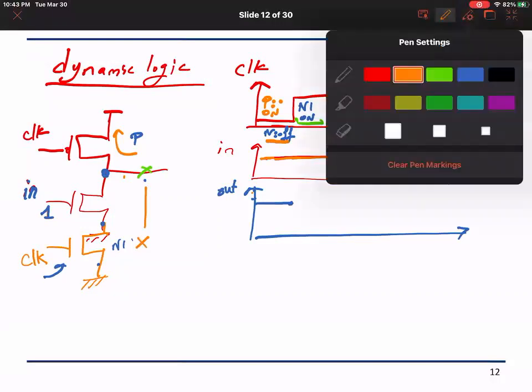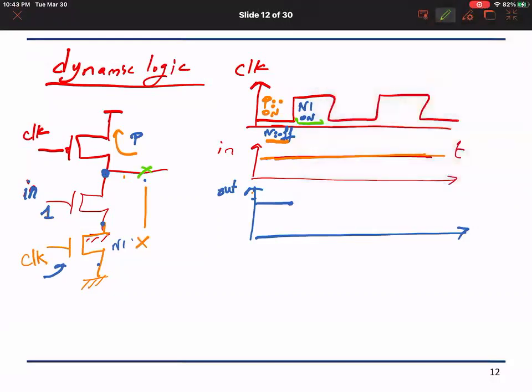Whereas when the clock is high, then this will be on, and so I will connect it to VDD, and this will turn off. And of course I will connect depending on what my input is.